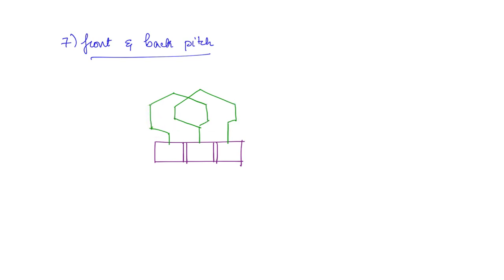All these coil sides are connected in different slots. Now both of them are connected to the same commutator segment, right? So what will be the distance in terms of rotor slots between this and this? That is called the front pitch. And what about the back pitch? The back pitch is the distance from this conductor to its own coil side. So YF is the front pitch and YB is the back pitch.